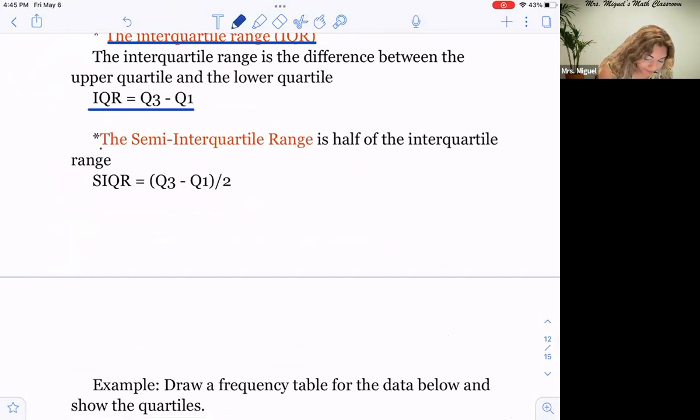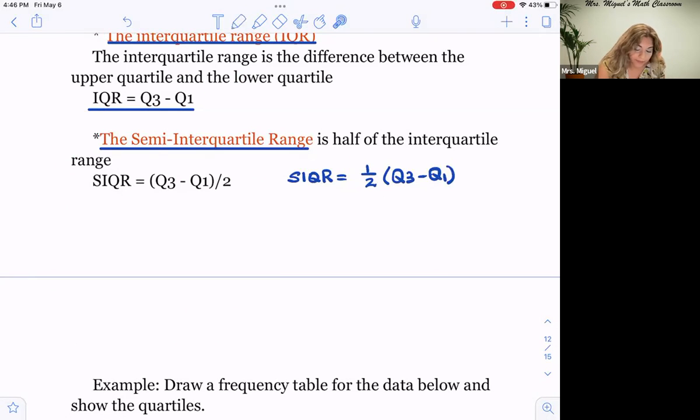Also, we are sometimes asked to find the semi-interquartile range, and the semi-interquartile range is a half of the interquartile range, which is Q3 minus Q1. So write down this word and take down this formula for me. And we're going to do an example.